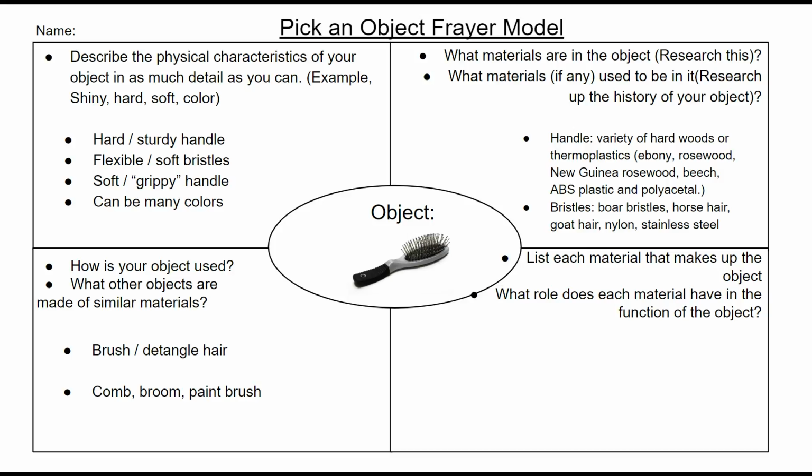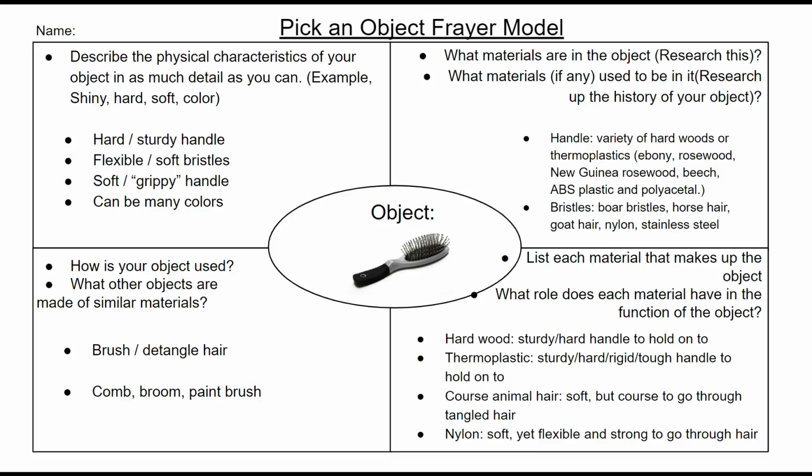So the handle, the hardwoods and the thermoplastics, if you think about the handle, it needs to be hard, it needs to be sturdy, it needs to not break very easily, it needs to be able to be handled and used regularly without being damaged or without injuring you. The bristles need to be coarse. They need to be able to get through hair. They need to be able to take some wear and tear and be pretty sturdy, but also flexible enough to give, because we don't want to stick something really hard and aggressive into our hair, right?